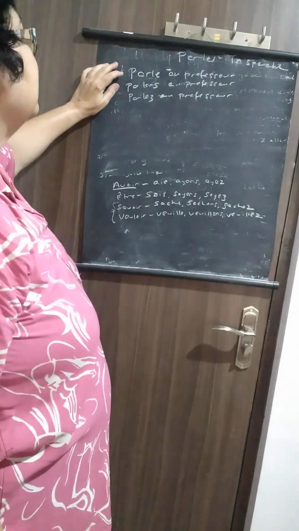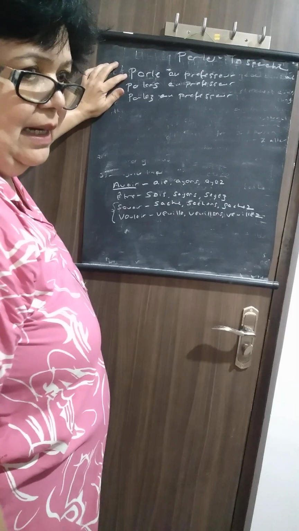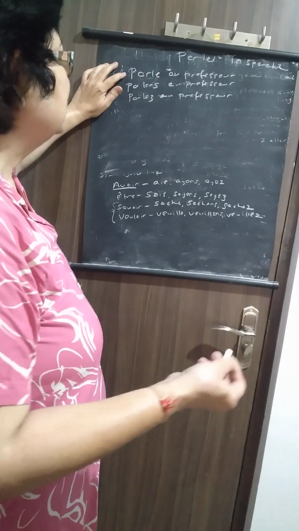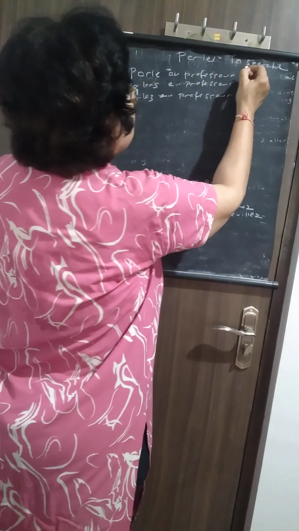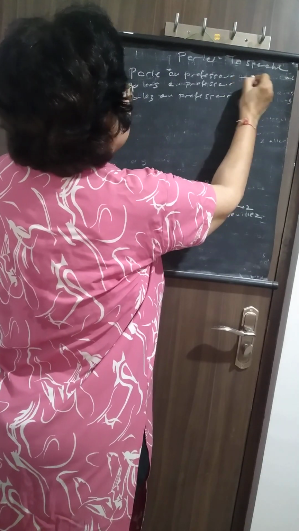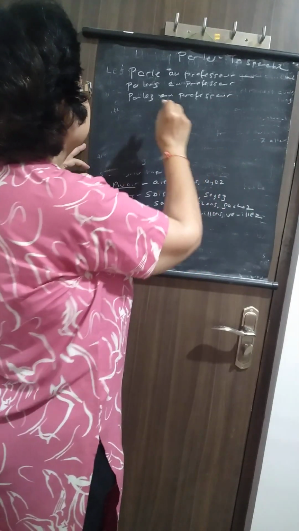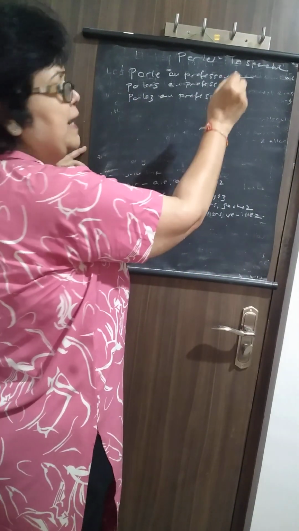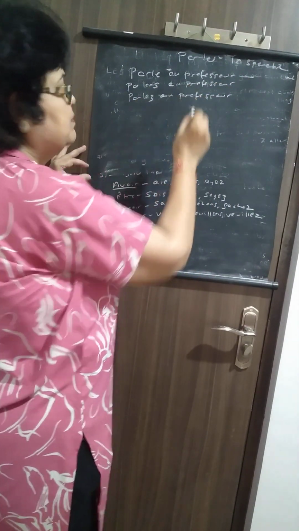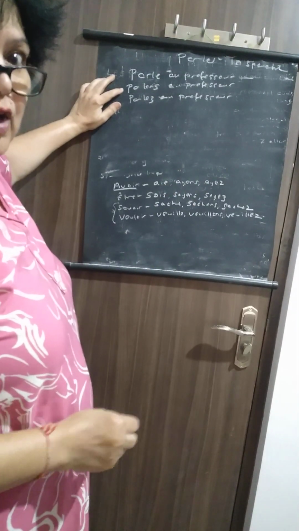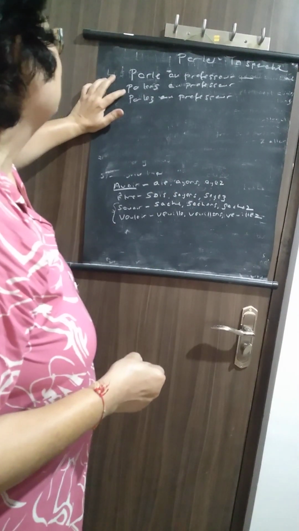Now what is this? This is a command or a request, whatever you say, it's a request also. Speak to the professor. It's an order. Parlons, let us speak to the professor. Let us, because it is the nous form. Nous form means we. So let us speak to the professor.